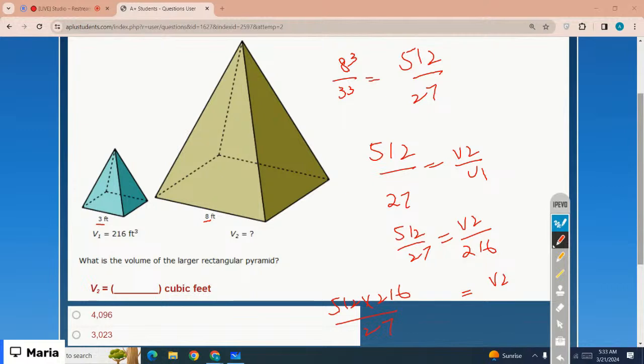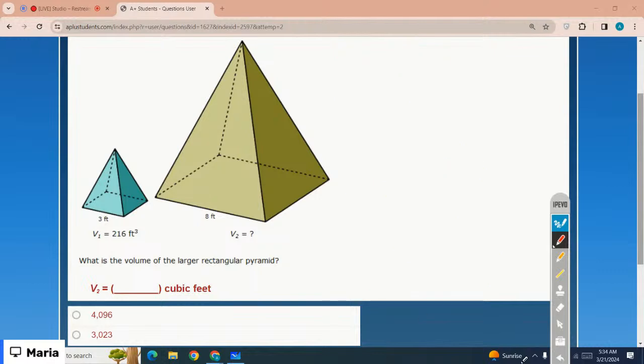The correct option is 4096. Option number 1 is the correct option. The correct option is 4096, right?